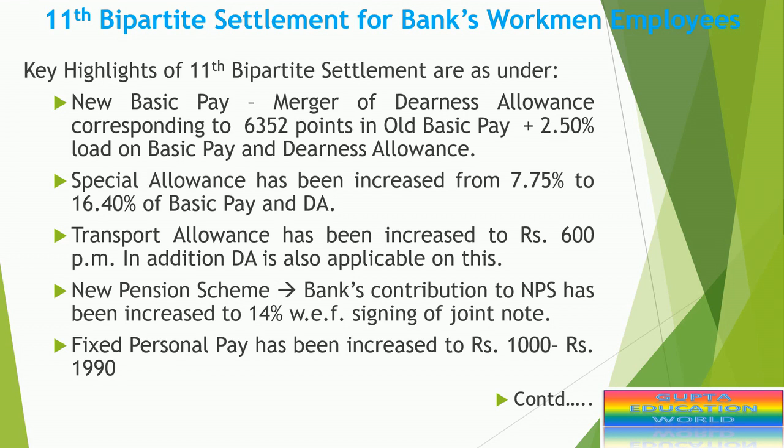In addition, DNS allowance is also applicable on this since November 1, 2017. In new pension scheme, bank's contribution has been increased from 10% to 14% with effect from signing of joint note. Fixed personal pay has been increased to the slab of Rs 1000 to Rs 1990.